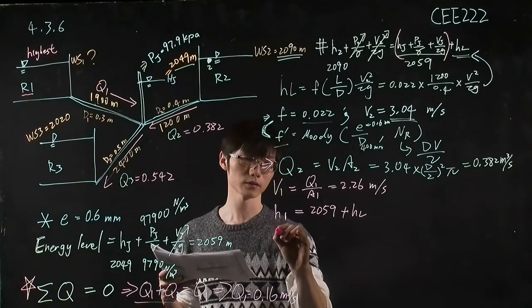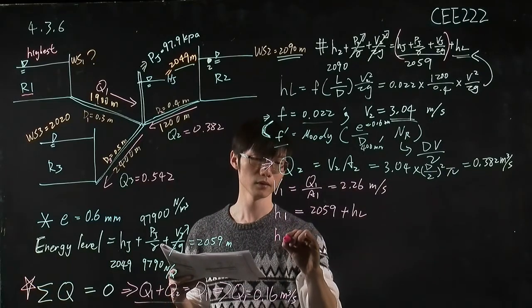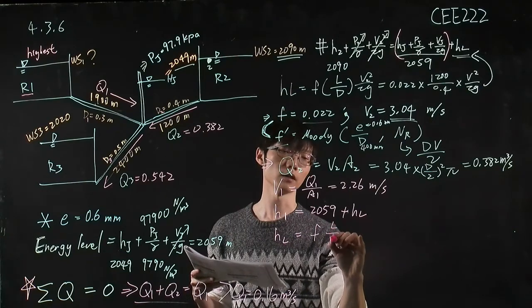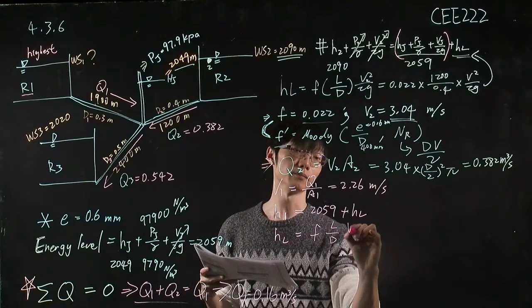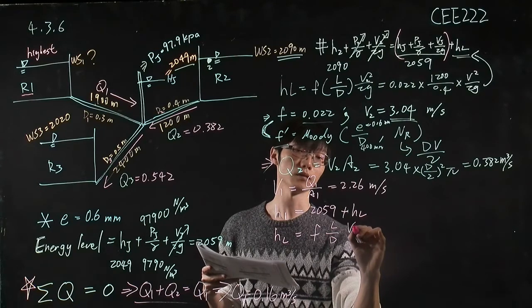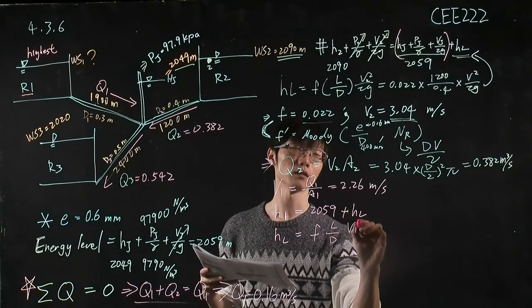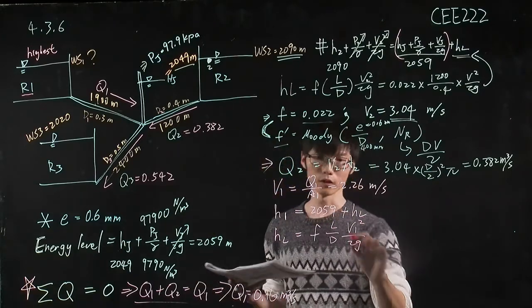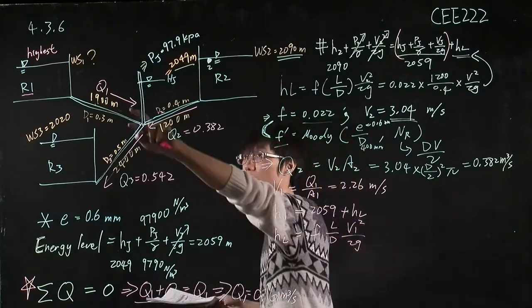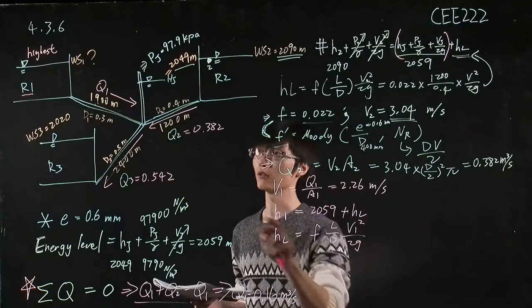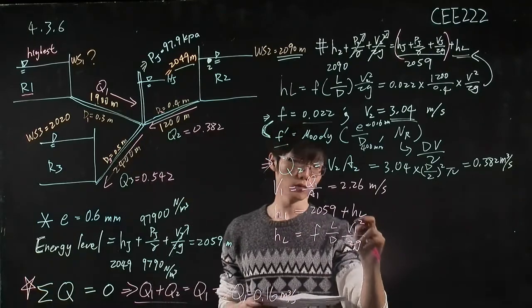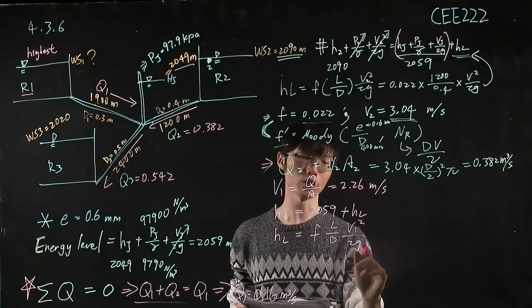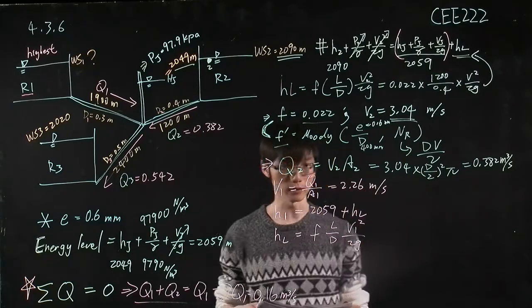And the head loss is equal to the factor f times L divided by D, times V1 squared divided by 2g. We know L is equal to 1900, D is equal to 0.3, V1 is 2.26, and G is equal to 9.81.